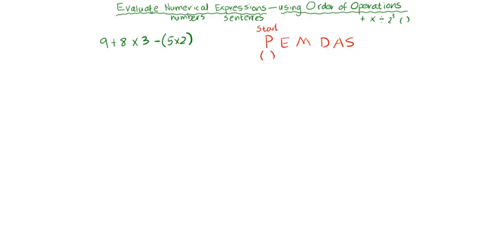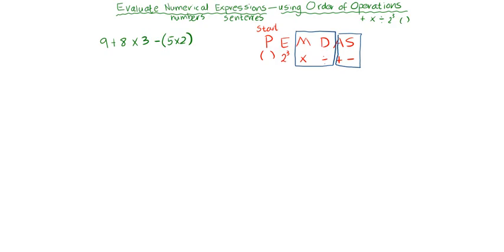And E stands for exponents, for example, something that looks like that. Multiplication, then comes division, and then addition and subtraction. But be very careful because multiplication and division go together. I'll explain what that means in the example. And addition and subtraction as well, they go together.